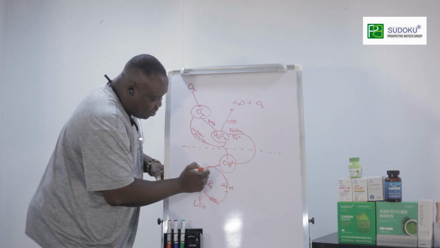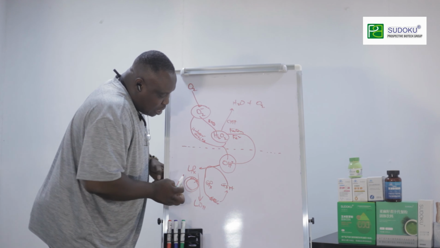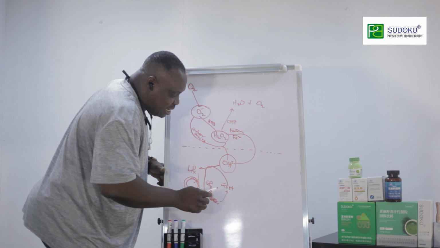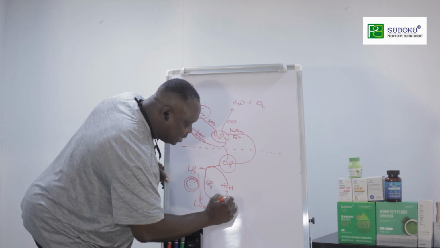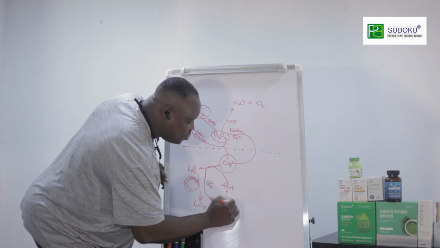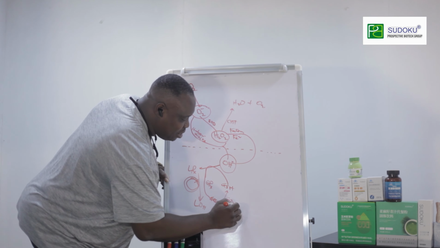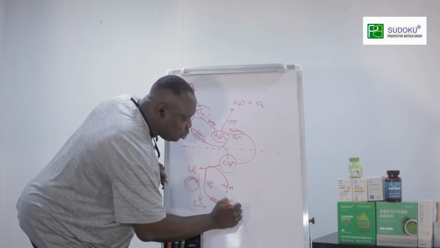So here we have another enzyme called glutathione peroxidase and another enzyme in this place called glutathione reductase, and the glutathione reductase using NADPH is able to convert oxidized glutathione back to reduced glutathione, and this glutathione continues.